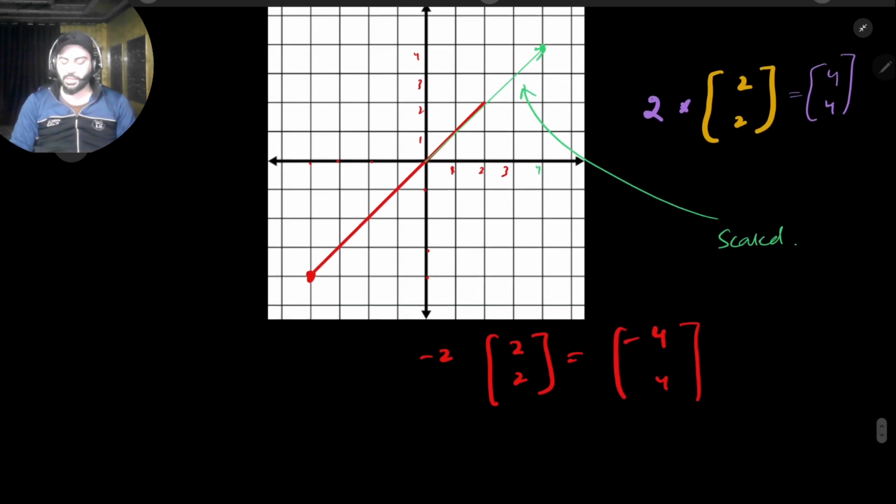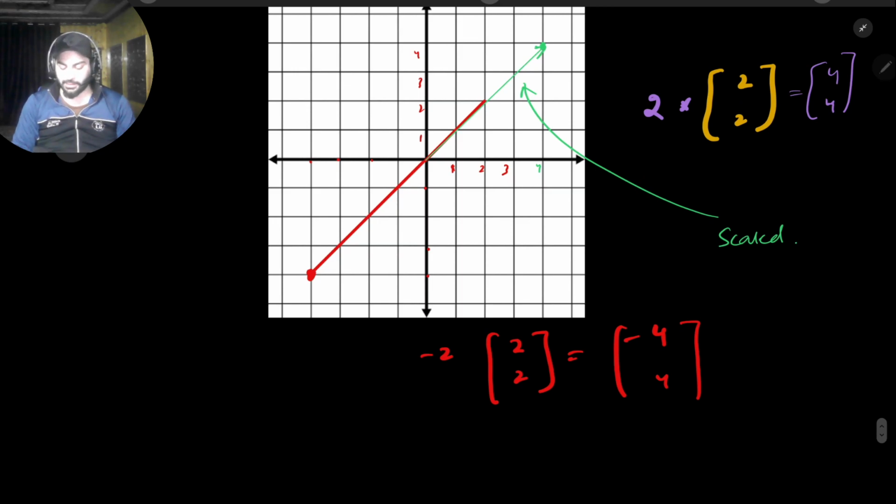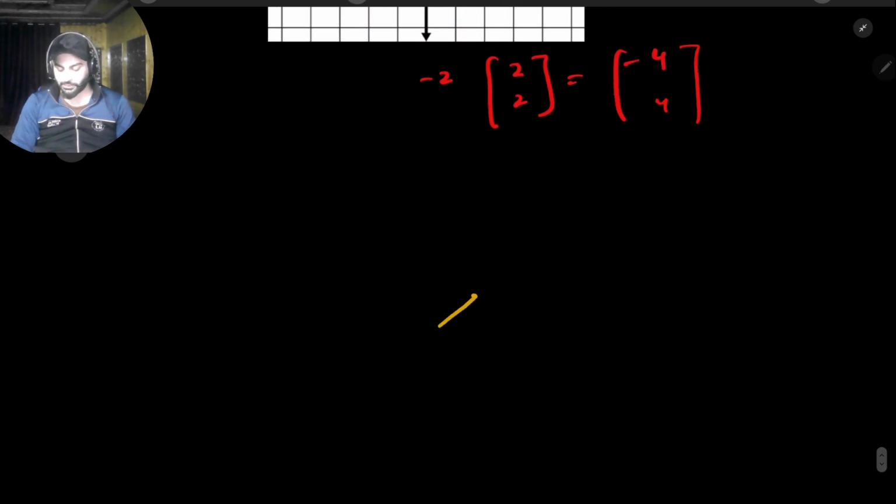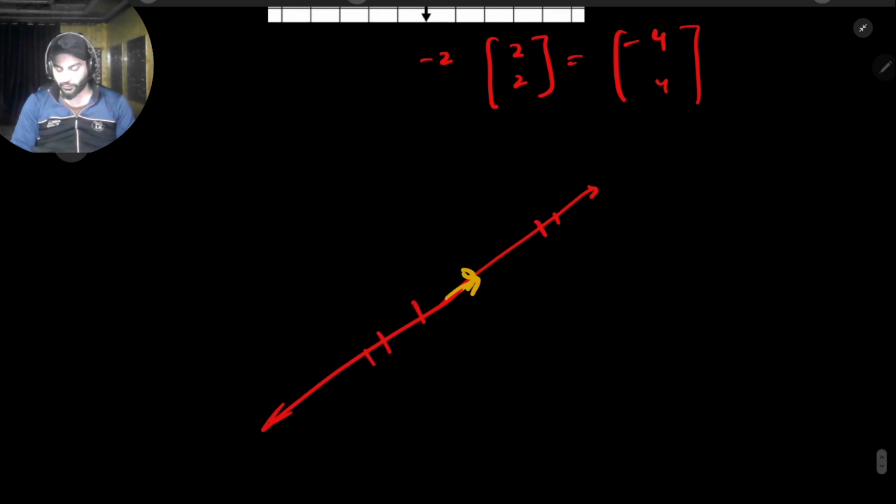So you can scale the vectors up. If you have a vector like this, you can scale it by multiplying in the same direction. This yellow vector, this is called multiplication by the scalar. This does the job of scaling.